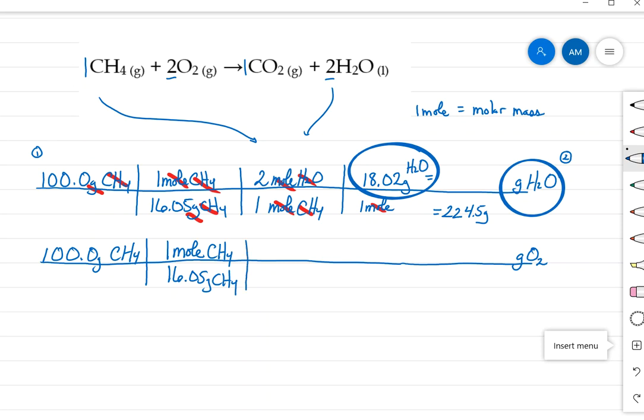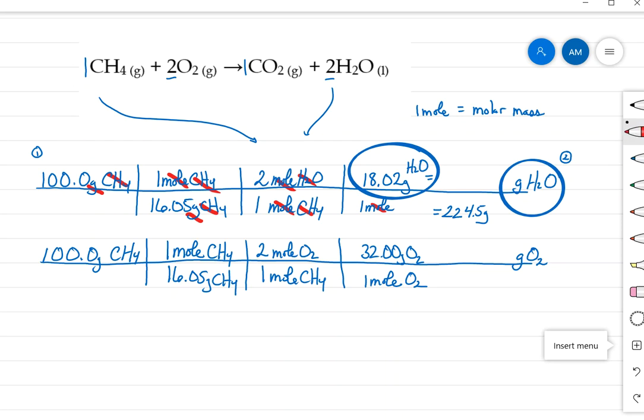Okay, and then you're going to do 2 moles of O2 and 1 mole of CH4. Again, that comes from the balanced equation, nothing else. And then we're going to go from 1 mole of O2, and we'll get 32.00 grams of O2 up top.